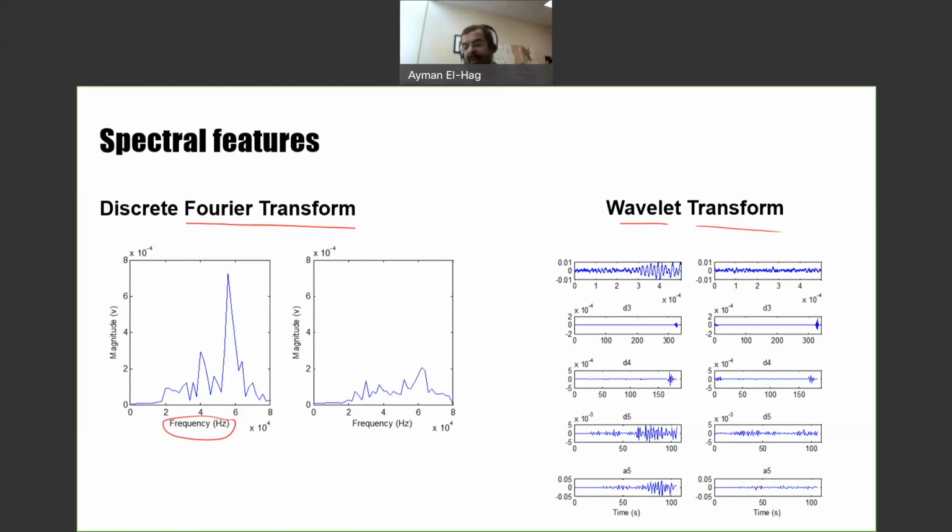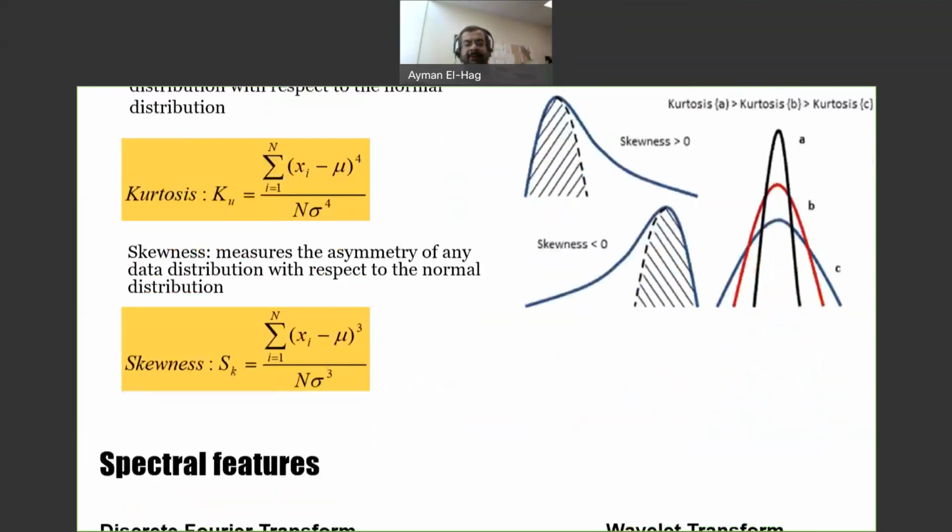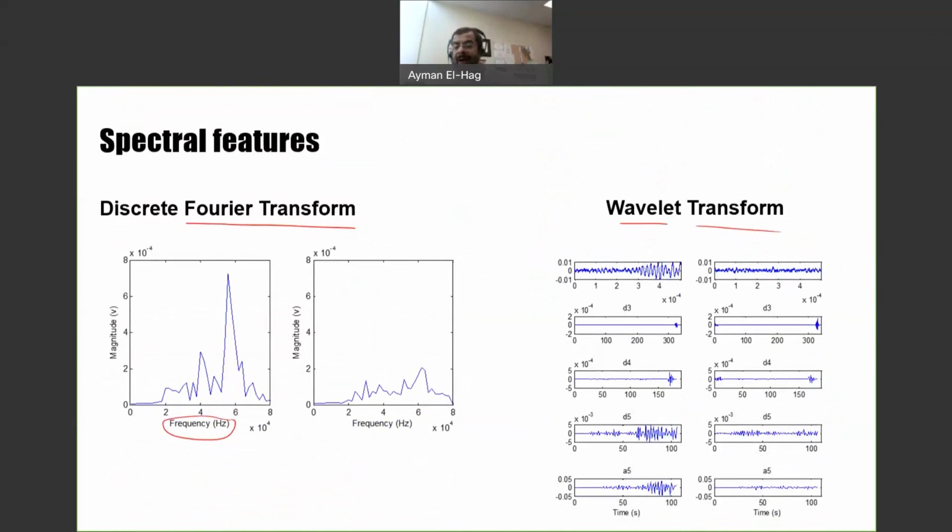Now, the Fourier transform will lead to another problem, because you will have too many frequency components. Unlike the statistical features, where we have only a few, 3, 4, that's it from the signal. But for the Fourier transform, you will have too many components, and then you have to select. Then we have to go to another issue, which is feature selection, a very important topic in machine learning, and we'll talk about that in the near future, how to select the important features.